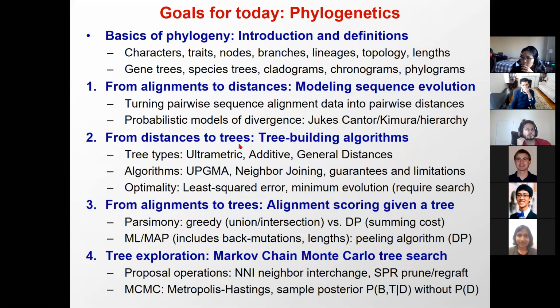So what we basically talked about is how do we take this distance matrix that I built from my alignments and turn these distances into trees. And we saw two different tree building algorithms, UPGMA and neighbor joining, and also the guarantees and limitations relative to whether a tree is an ultrametric tree, which guarantees that UPGMA will be correct, or an additive tree, which guarantees that neighbor joining will be correct, or just any general tree for which neighbor joining will generally produce a good starting point.